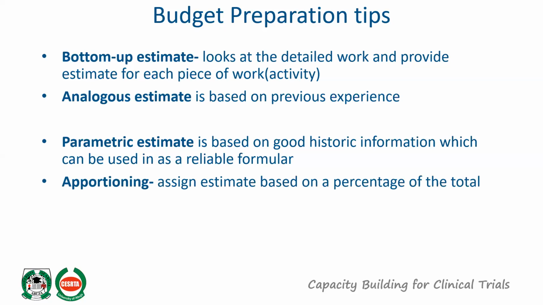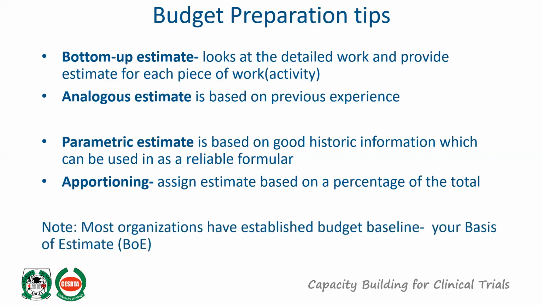The cap for personnel is 70%. So you are looking at 70% for personnel. Then you're talking of travel. Maybe travel is just 10%, and just like that. So you can easily apportion. And of course, when you are running out of time, you can always apportion percentages to your budget. Most organizations have an established budget baseline.